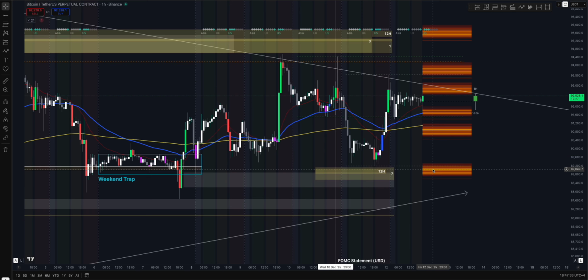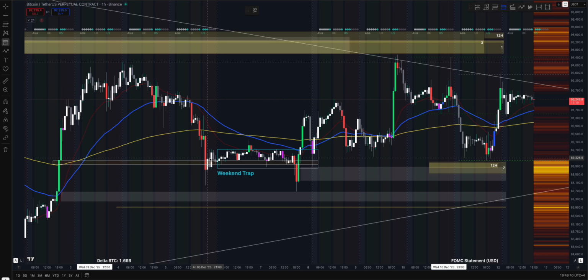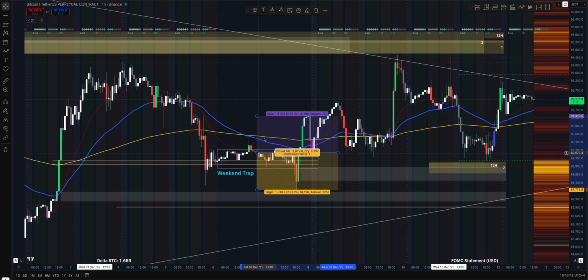Let's say you wanted to short this, you said, oh, this looks very bearish to me, I will take a short order from here and short into the bottom, you would get stopped out on this.